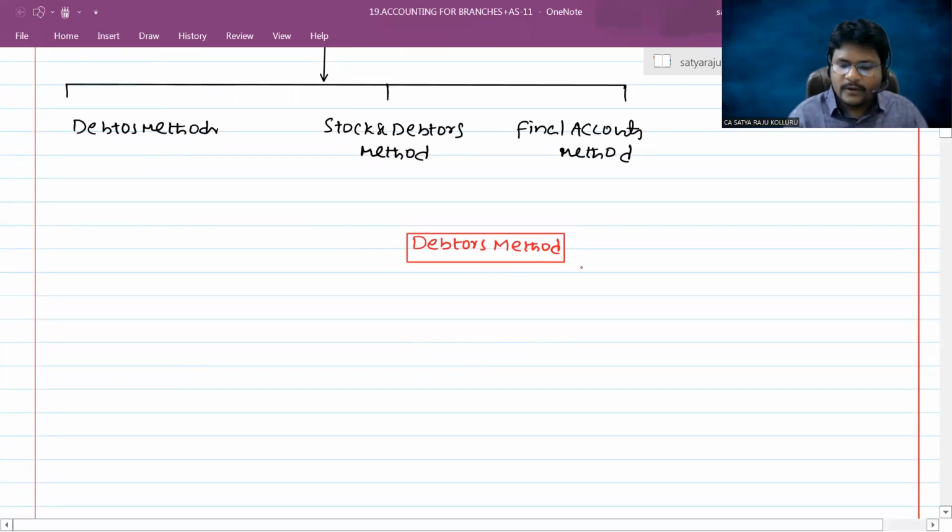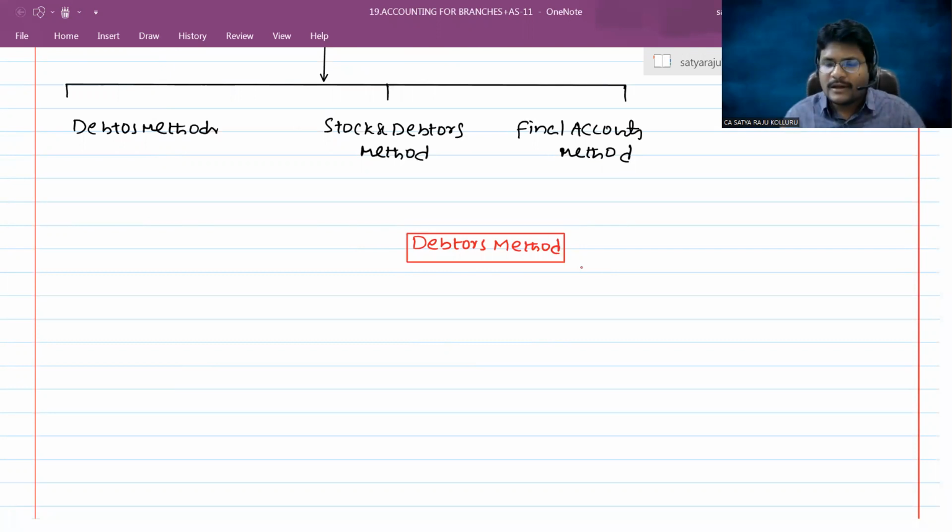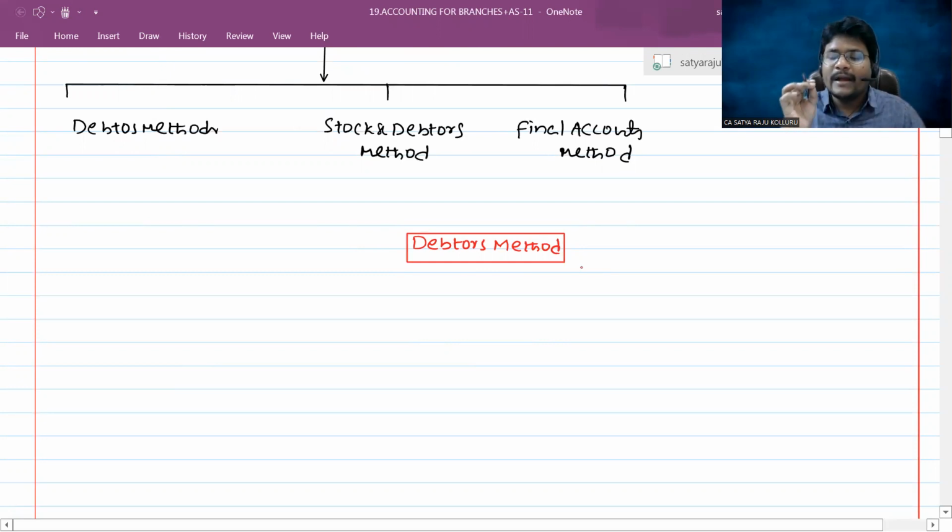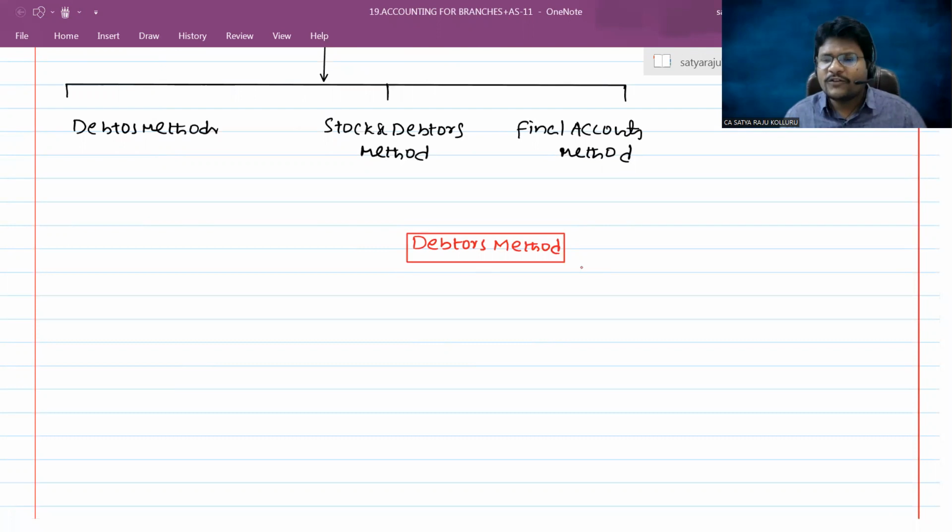In case of the debtors method, the head office will open a branch account to know the branch profit or loss. To ascertain the profit or loss of a specific branch, the head office will maintain that specific branch account. For example, if the head office is located in Delhi, one branch is located in Hyderabad, another in Vizag, and another in Chennai, then to ascertain each branch's performance, the head office will open a total of 3 different branch accounts: Hyderabad branch account, Vizag branch account, and Chennai branch account.